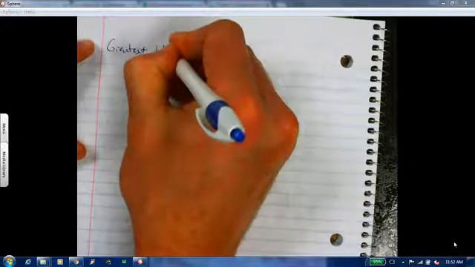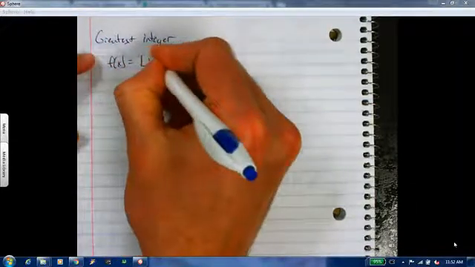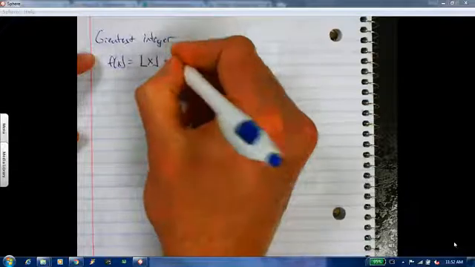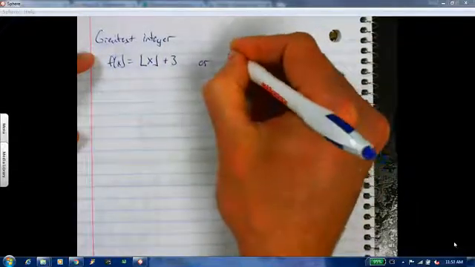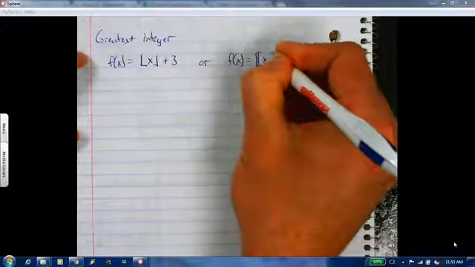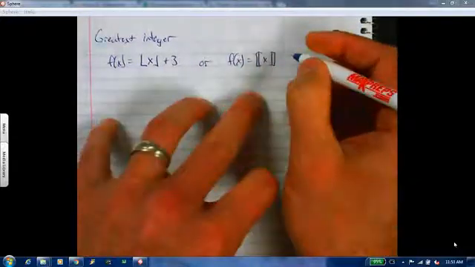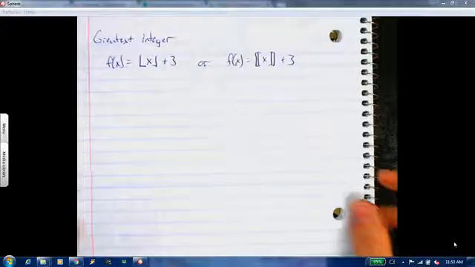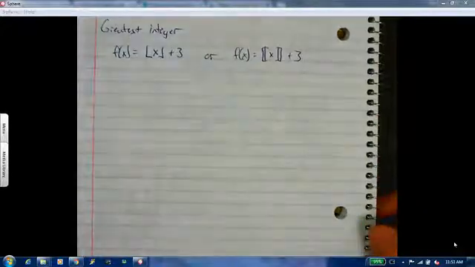Okay, greatest integer function. That will be f of x equals this. This is the symbol we used, plus 3, or it could be the double brackets. If you look at your quiz that covered this stuff, then you'll be prepared.